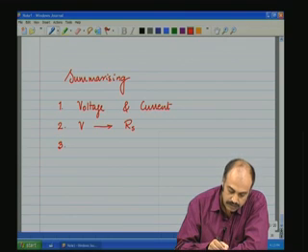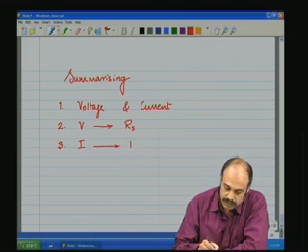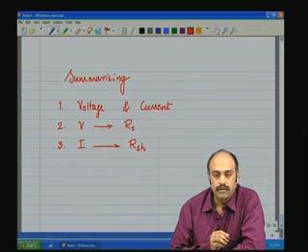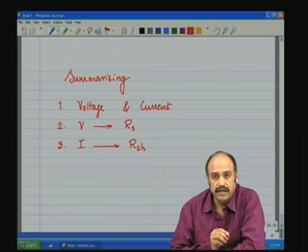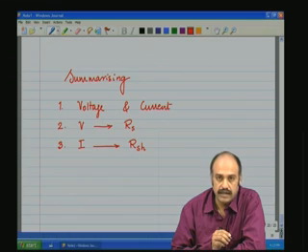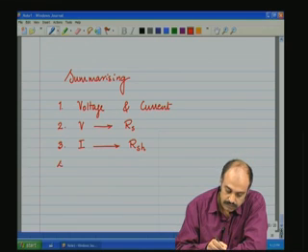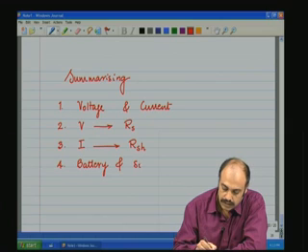The current source is having a non-ideality R shunt. R shunt is supposed to be infinite in the ideal case, but it is some large finite value in the practical case. And then we saw few real world sources, that is the battery and the solar cell.